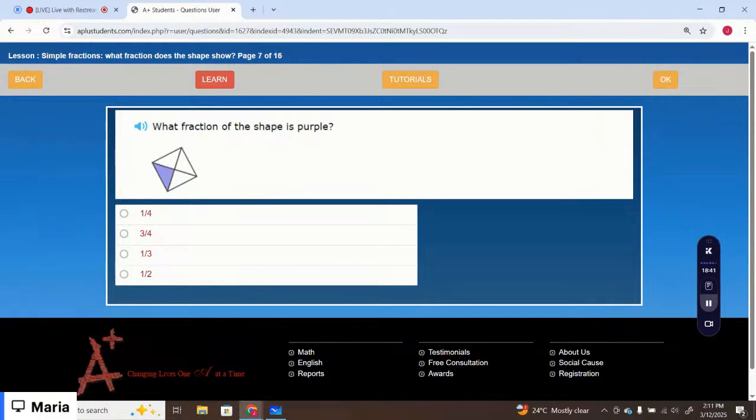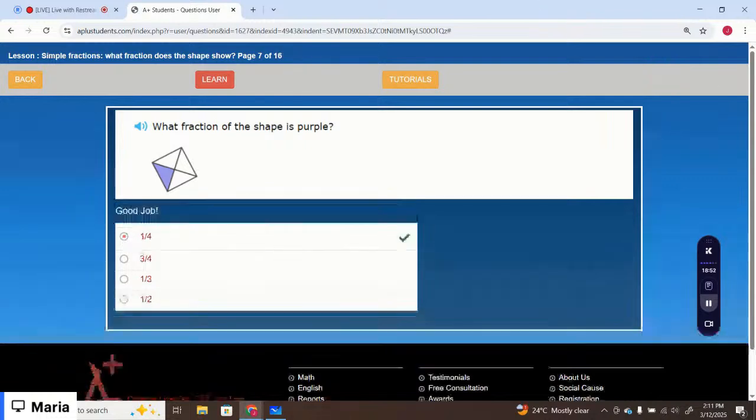What fraction of the shape is purple? That is 1 out of 4. Option number 1 is the correct option.